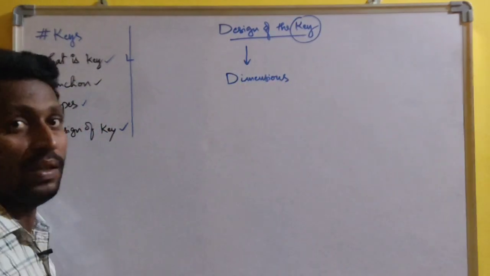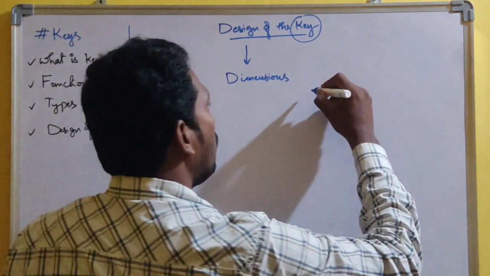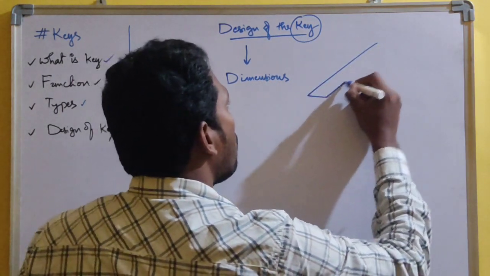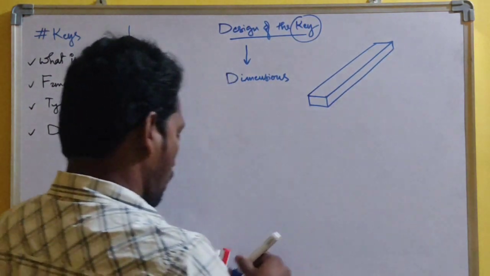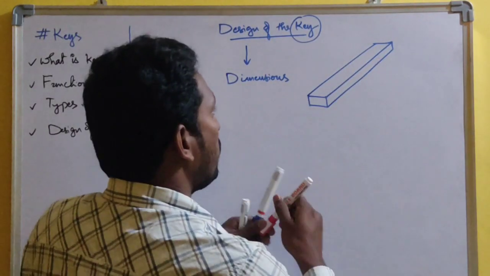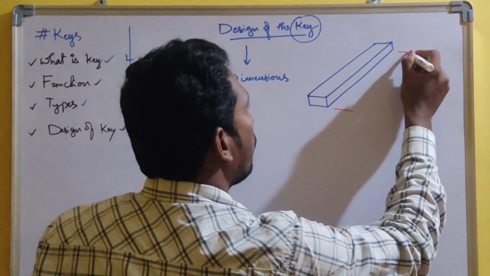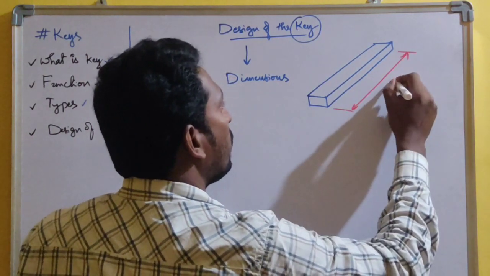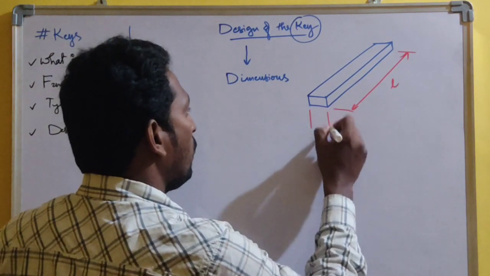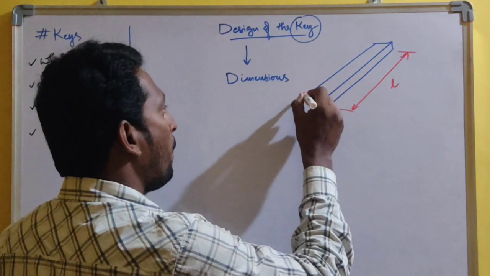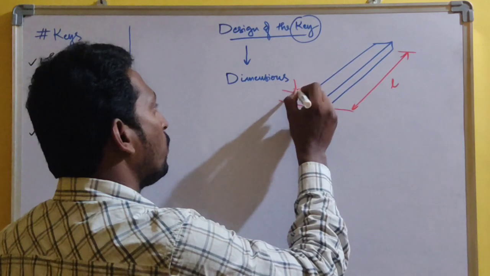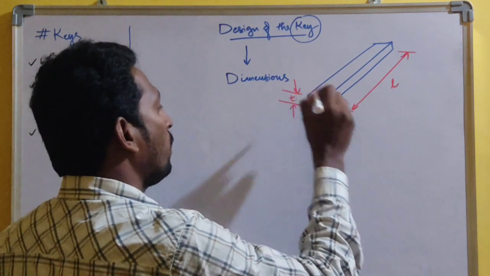The dimensions of this key are: this is the length of the key, this one is the width of the key, and this one is the thickness of the key.